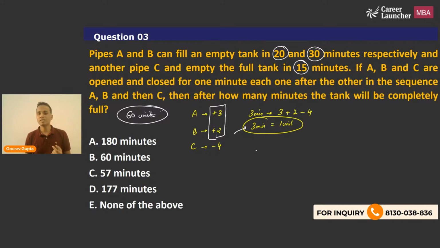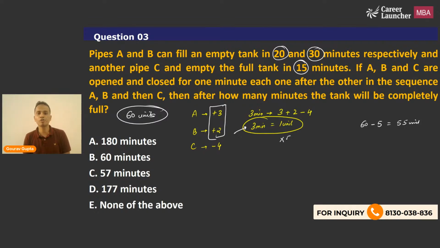So that means 3-minute complete cycles will not be repeated. 3 minutes की complete cycles repeat नहीं हुई होंगी. So I will remove the work done by A and B, that is 5 units, from the total 60 units. So 60 minus 5 is 55 units, and I will make sure that 55 units of work is done.